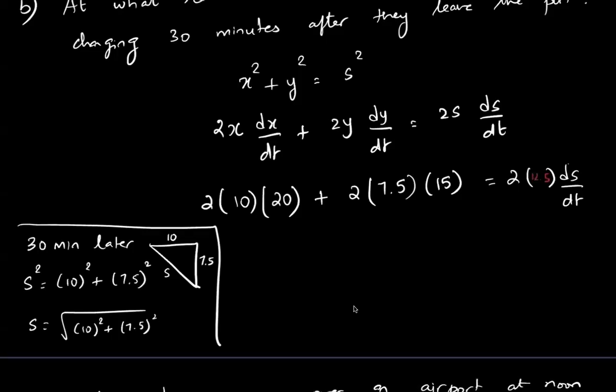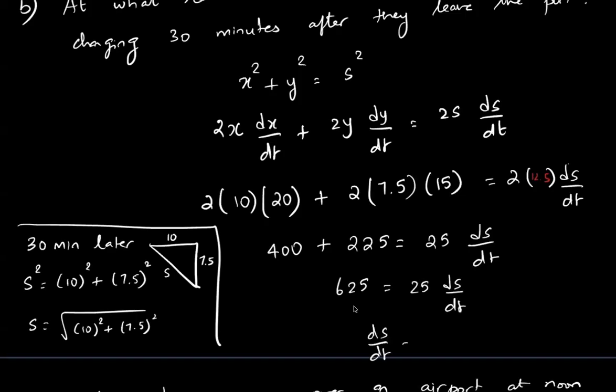Okay, so then I'm going to simplify. 2 times 10 is 20 times 20 is 400. 15 times 15 is 225. 12.5 times 2 is 25. Combine, 625 is 25 ds/dt, which means ds/dt is 625 over 25.